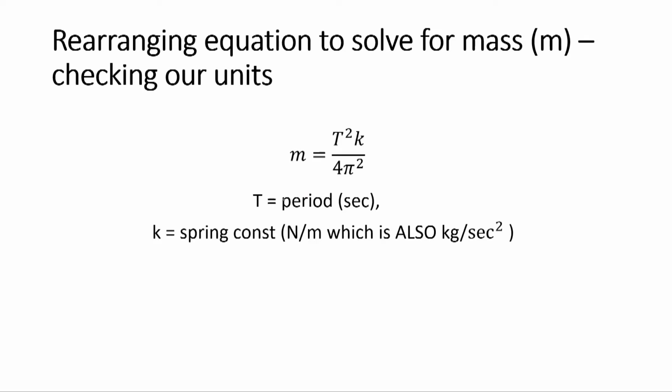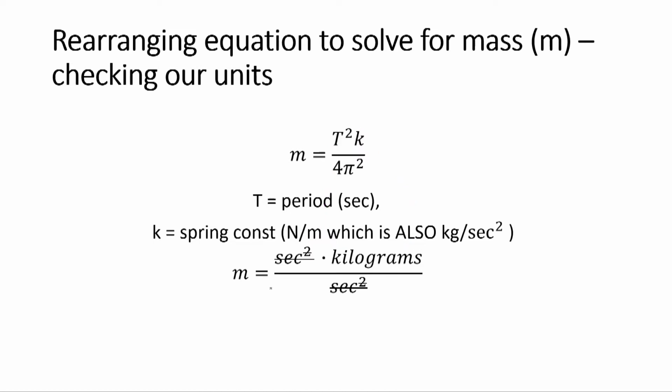The period is equal to T, and that's in seconds. K is a spring constant, which is in Newtons divided by meter, which is also kilograms per second squared, as we proved a few minutes ago. So plugging that in, we have seconds squared for the T, and the k is kilograms divided by seconds squared.